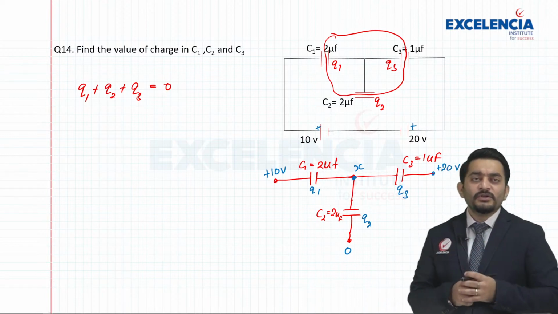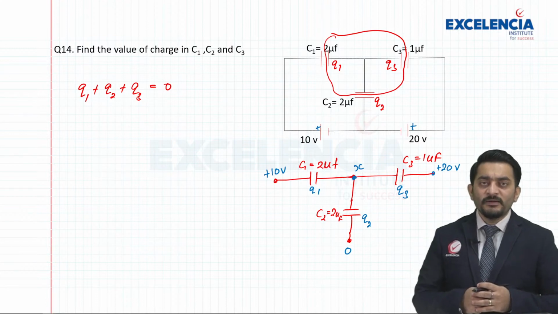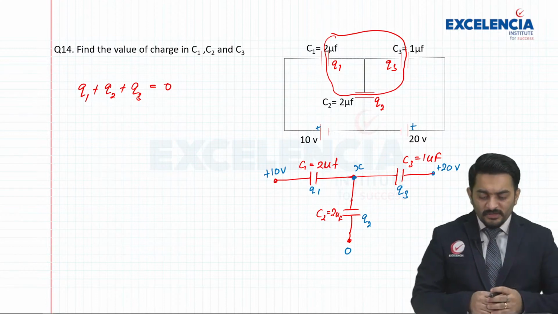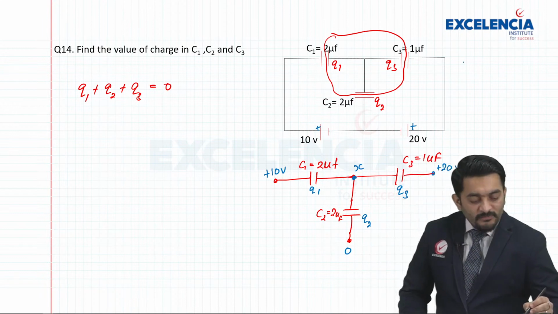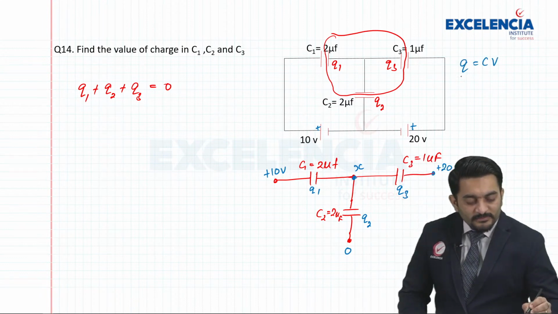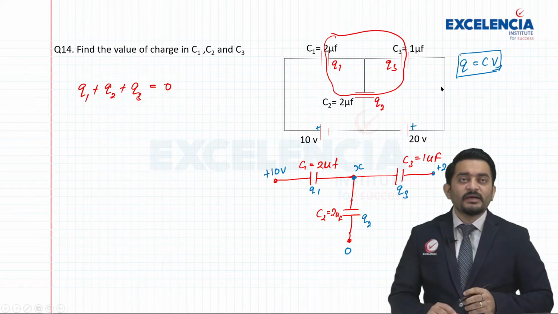So I have assumed Q1, Q2, Q3 as the charges on the 3 different capacitors. If you remember the formula for Q, how do we write Q? Q is CV. Yes, so charge can be written as CV.